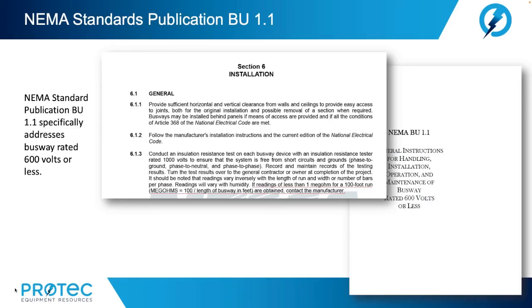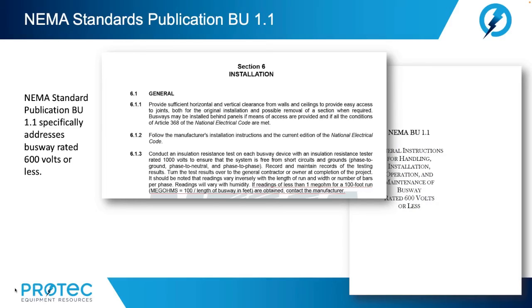Here we also see NEMA provides a recommended resistance value of 1 megohm for a 100-foot busway run.